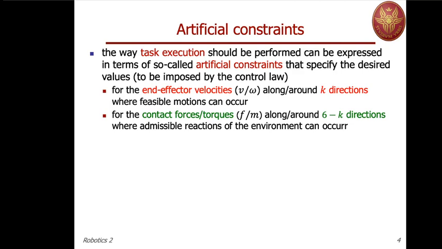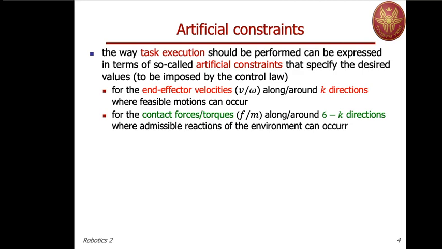So, in the presence of the natural constraints, we may execute our task in different modalities. When we specify the way in which we execute the task, we are in fact imposing some constraints on the total behavior. This is in fact the target of our control problem.